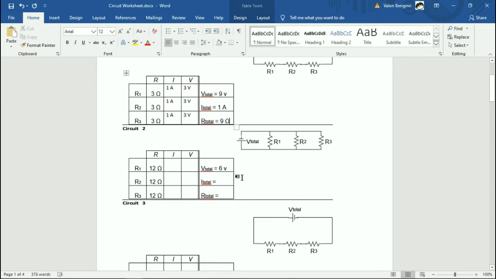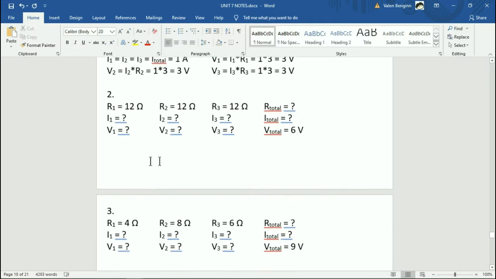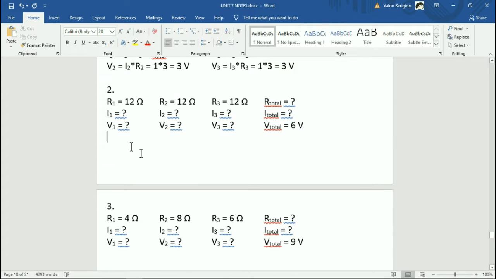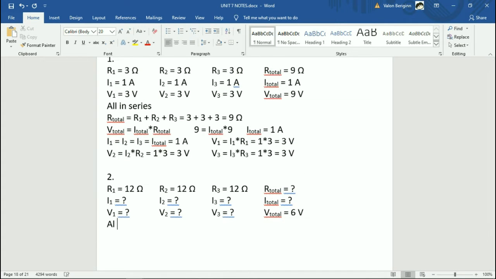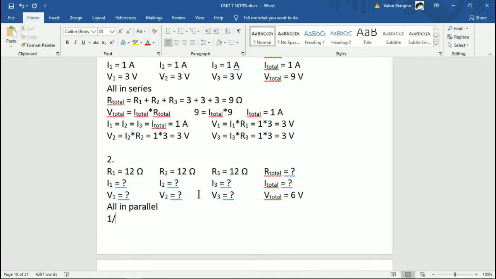Second one. Now they're all in parallel. Now they all have the same resistance. Battery's different, but they're all in parallel. So if they're all in parallel, that means 1 over R total is 1 over R1 plus 1 over R2 plus 1 over R3.